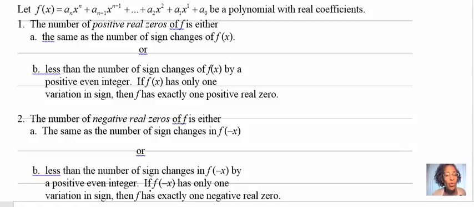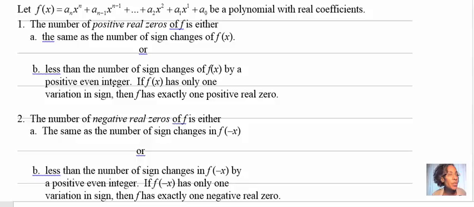So Descartes' rule of signs tells us that for this polynomial, since we have 3 sign changes, we'll either have 3 positive real zeros, or we'll have 3 minus 2, which is 1, positive real zero.